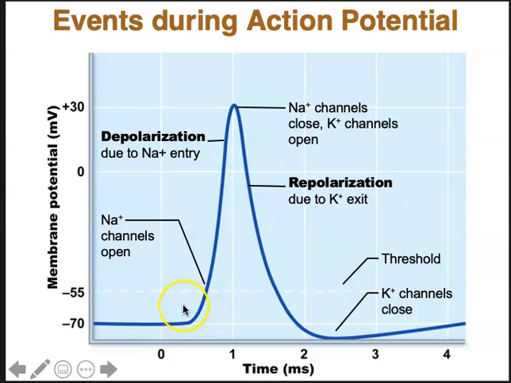Initially, chemically gated channels open, sodium influx is greater. It depolarizes the sarcolemma to threshold, which is usually around -55. And at that point, we have our sodium voltage-gated channels opening. More sodium enters the muscle fiber. We call that the depolarization phase.